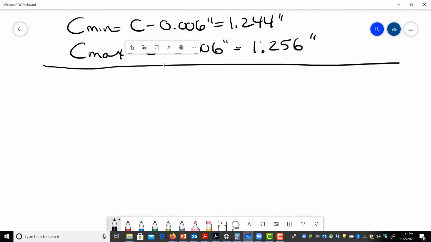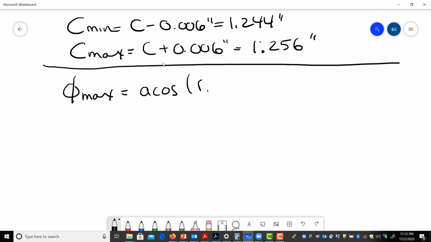Okay, now in order to calculate the backlash, actually your phi max, sorry, so your pressure angle max equals A cos of RP cos phi over R max.